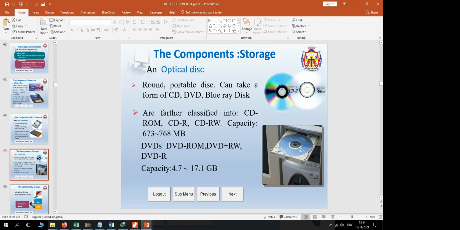Ephraim has typed something in the chat. Let me check. Actually, he has already put his number as well. Those that were looking for his number, the number is also in the chat already. Yes, you have said that a CD has smaller capacity, while a DVD has a big capacity. So how much capacity does the CD have and how much does the DVD have?